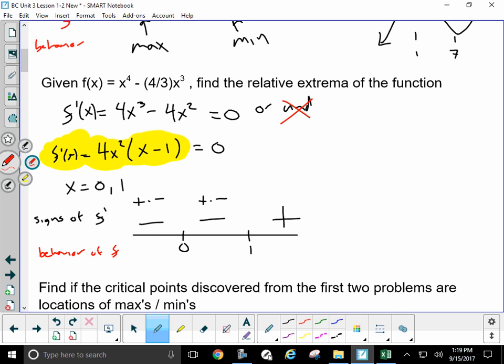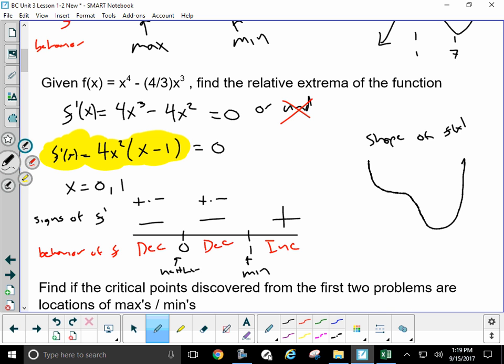That means f decreases till 0, it decreases from 0 to 1, then it increases from 1 on, which means at 0, this is a situation where you have neither a max nor a min. At 1, you definitely have a min. So if you want to think about the shape of f, it will be decreasing, flattening out, decreasing, increasing, something like that.